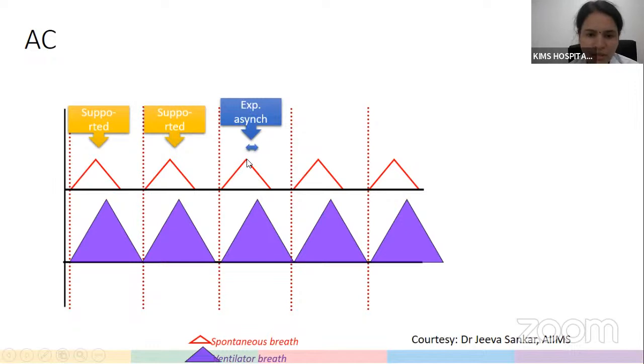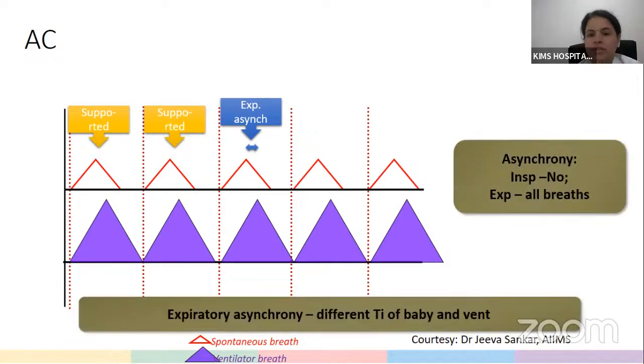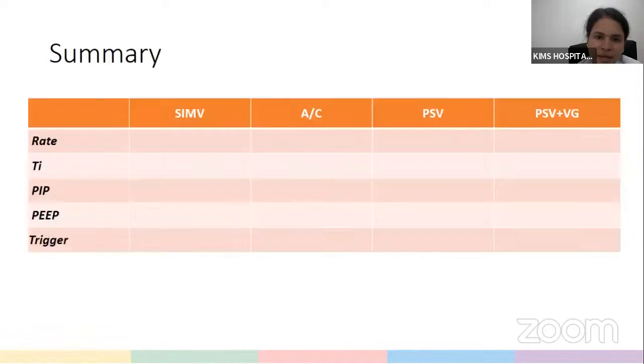So if you see this breath, the baby began expiration here, whereas the ventilator began expiration only here. So there is a difference in time point between the initiation of the baby's expiration and the ventilator's expiration, and hence expiratory asynchrony is still a problem even with assist control mode of ventilation, because of the difference in the inspiratory times between the baby and the ventilator.